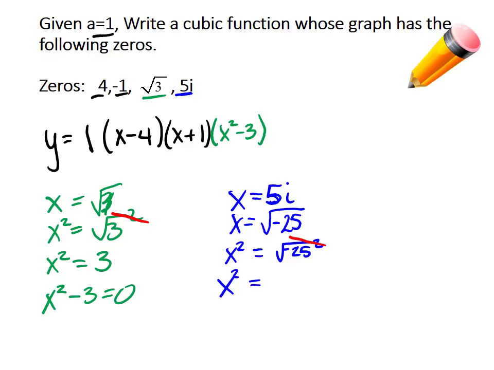I'm left with x squared equals negative 25. It's a negative 25, so I'm going to add it to the other side. Now it's equal to 0. So that is my fourth factor that I have up here.